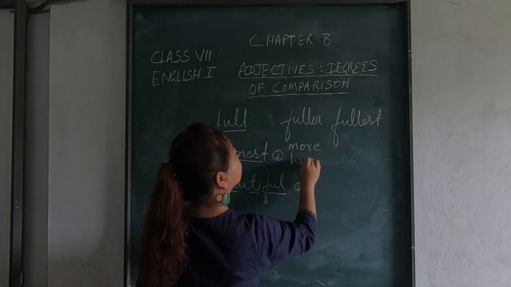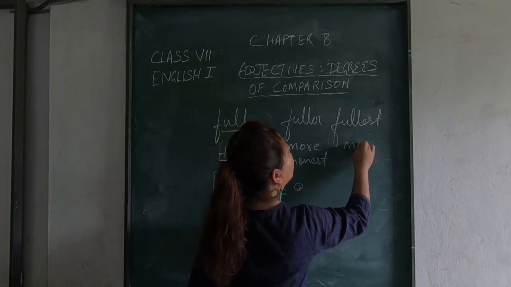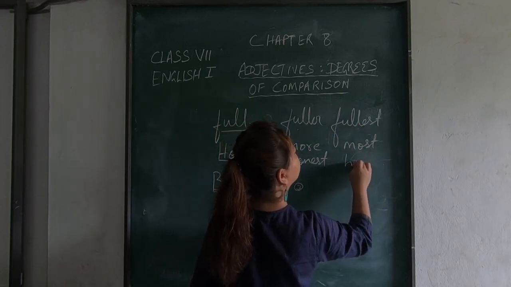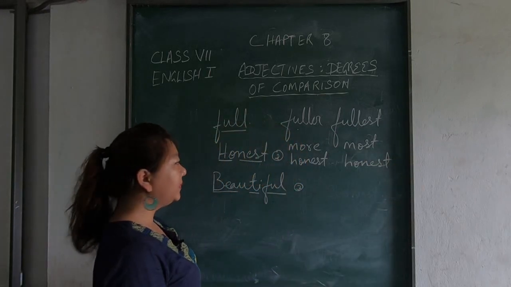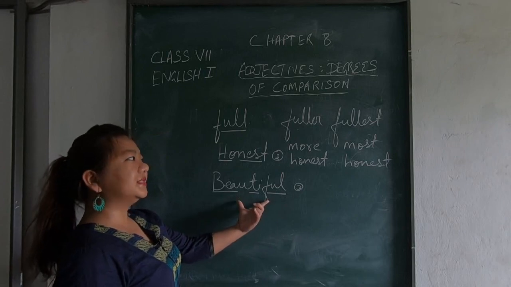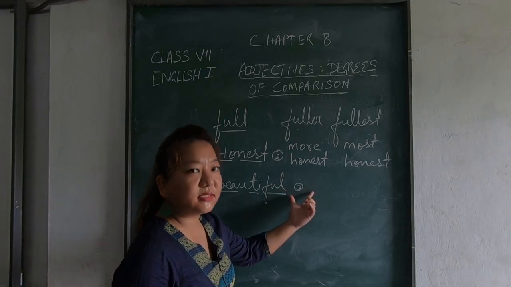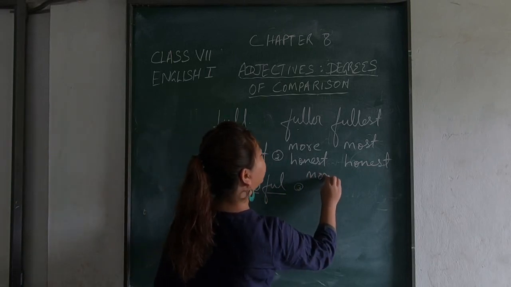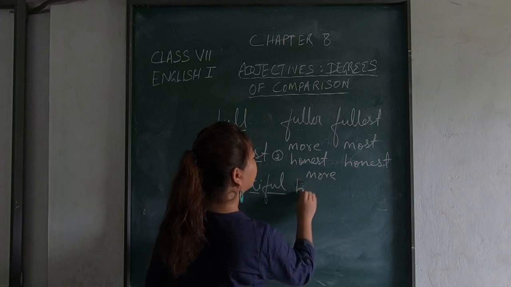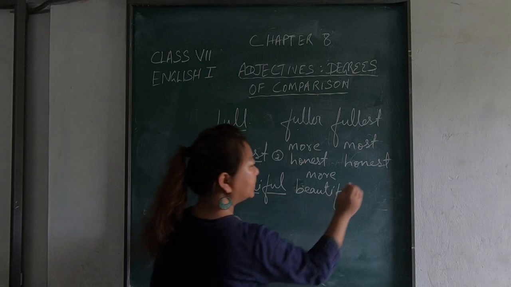More honest. And then superlative, most honest. Clear? Then in 3 syllables, it is the same. We cannot just add ER or EST or remove the L. We have to add more beautiful, most beautiful.